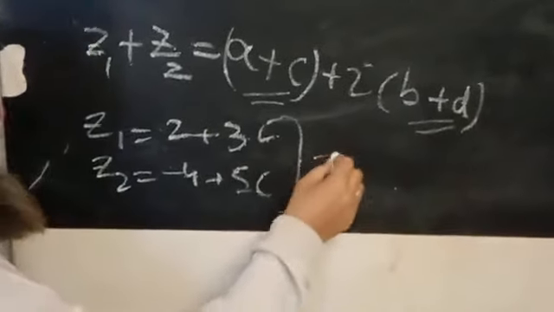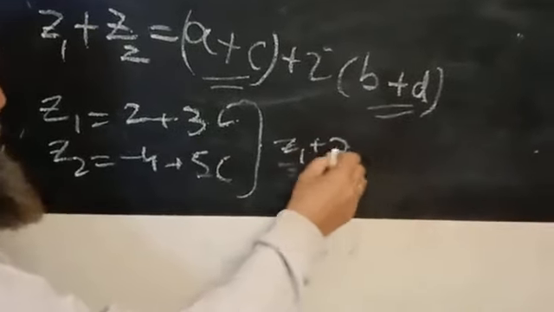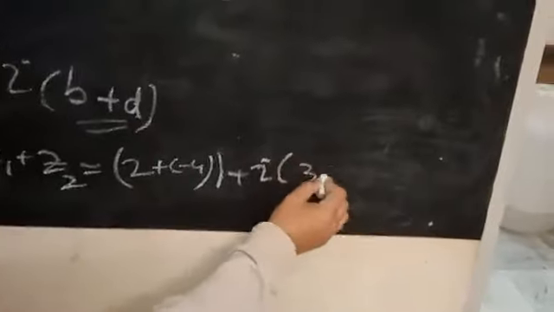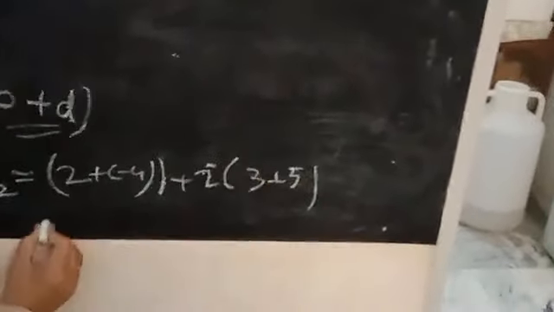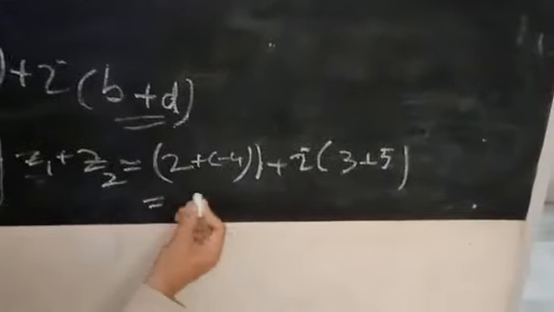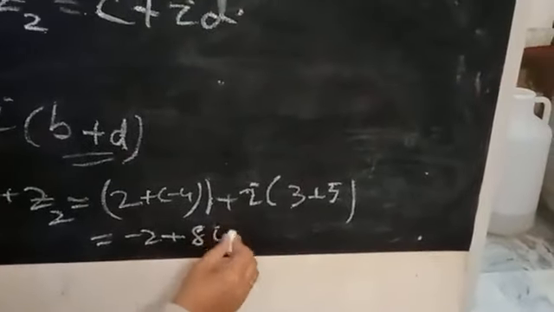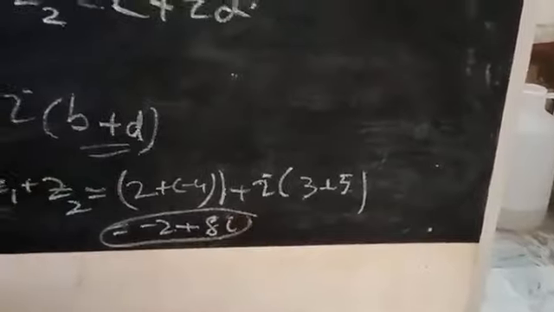Then z1 plus z2, the sum of two complex numbers, will also be a complex number, and this will be equal to 2 plus minus 4 plus iota into 3 plus 5. So we get 2 minus 4, which is minus 2, plus 8 iota. So this is how we can add two complex numbers.